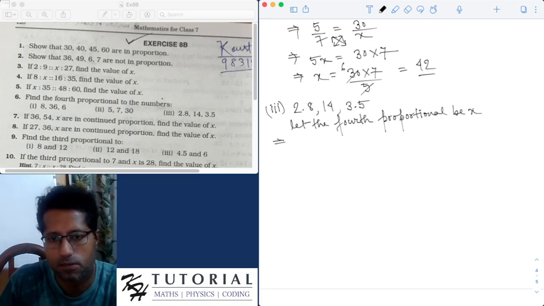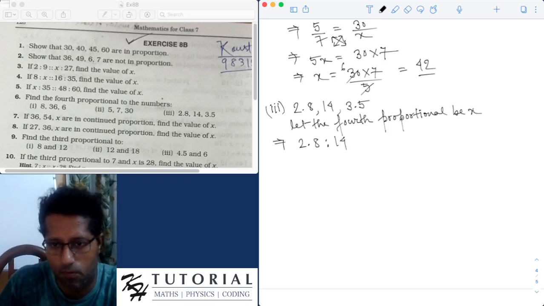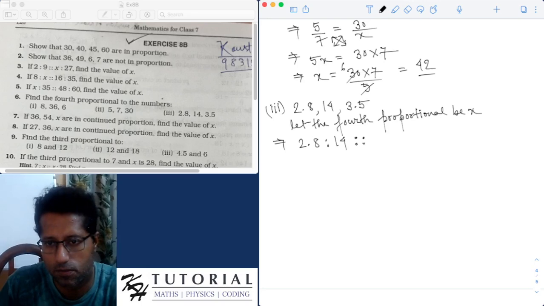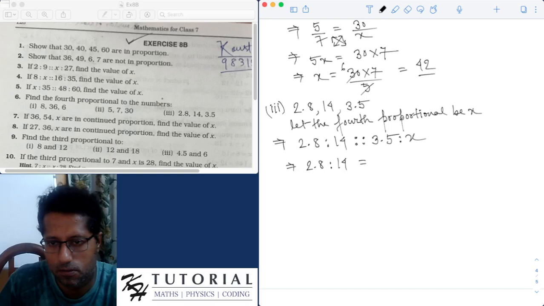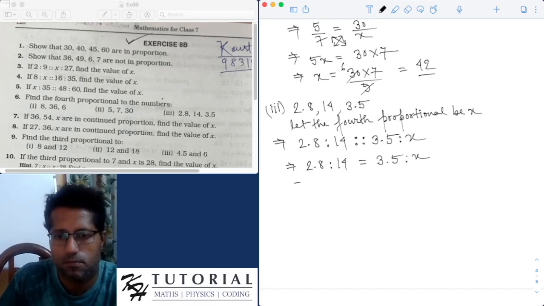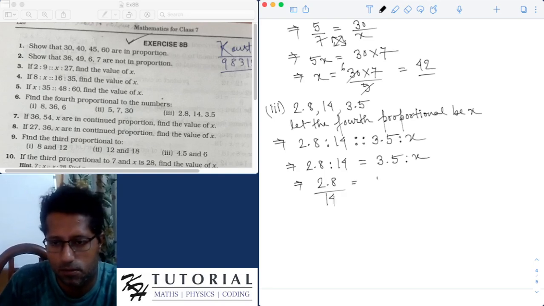So this implies that 2.8 is to 14 is in proportion with 3.5 is to x. So this implies 2.8 is to 14 equals 3.5 is to x. This implies 2.8 by 14 equals 3.5 by x.